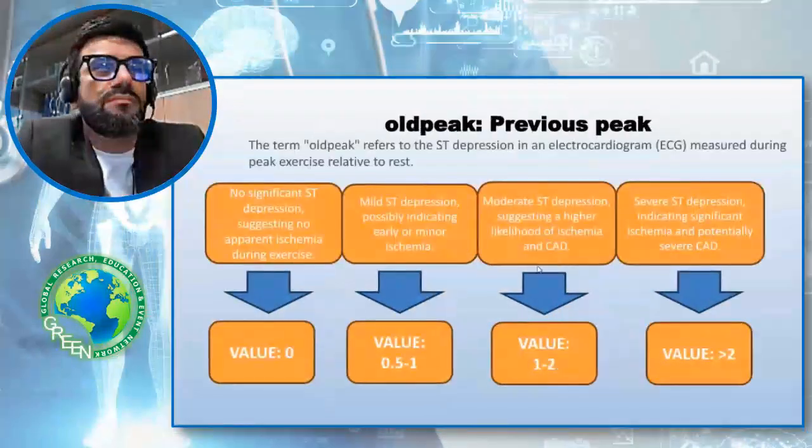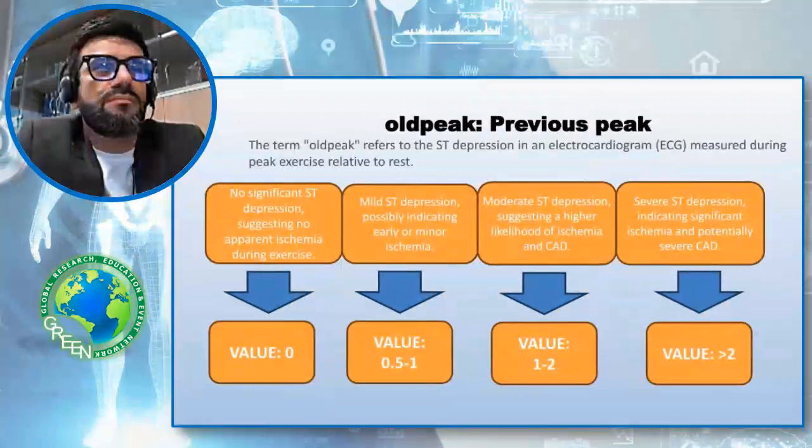About the old peak, or previous peak: the term old peak refers to ST depression in an electrocardiogram measured during peak exercise relative to rest. As you can see, it is classified into 4 major values.